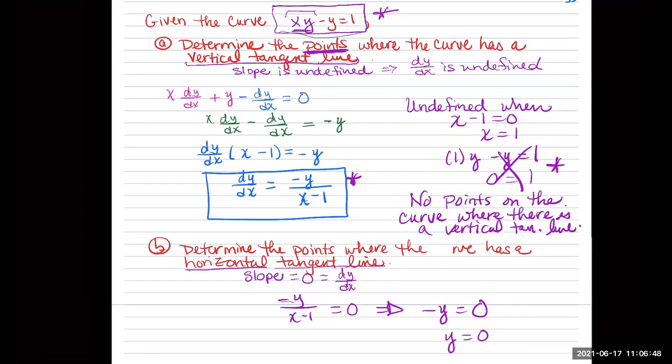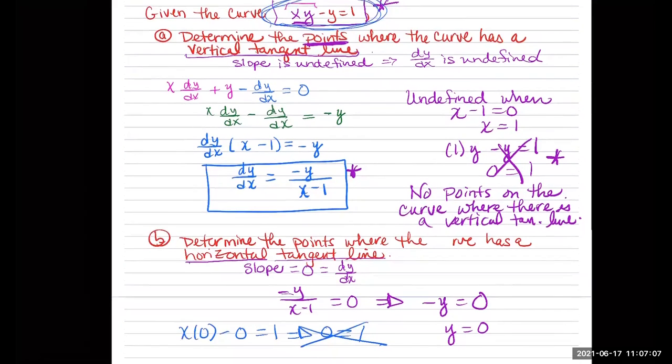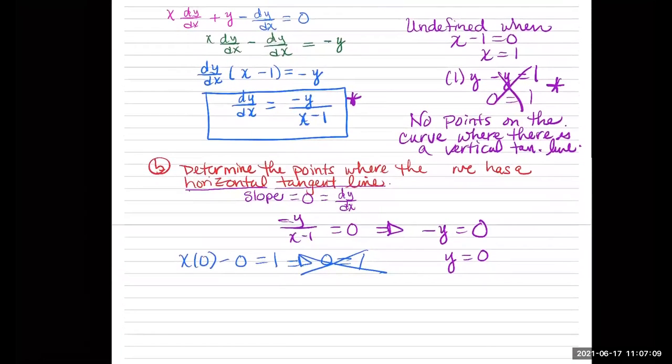In this particular problem, we're going to have the same problem because remember, to find the point, we need to find the x coordinate that goes with it. If we go back to our original function and plug in 0 for y, notice once again, we would get 0 equals 1. That means that there is no point on our curve for y equals 0. So there are no points on our curve where we have a horizontal tangent line.